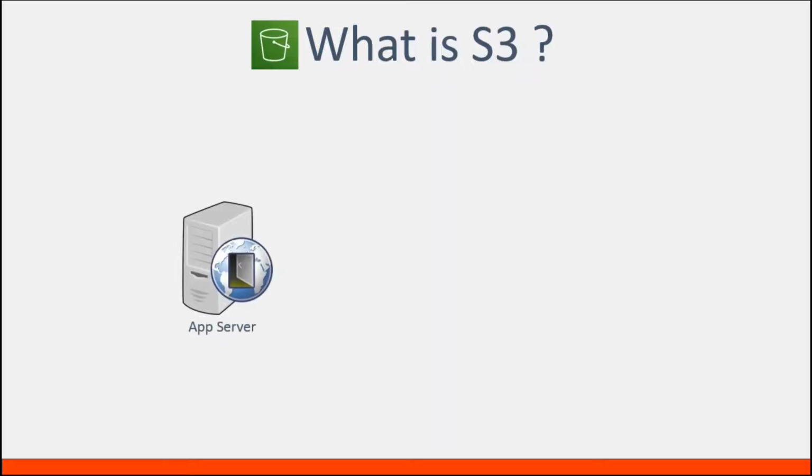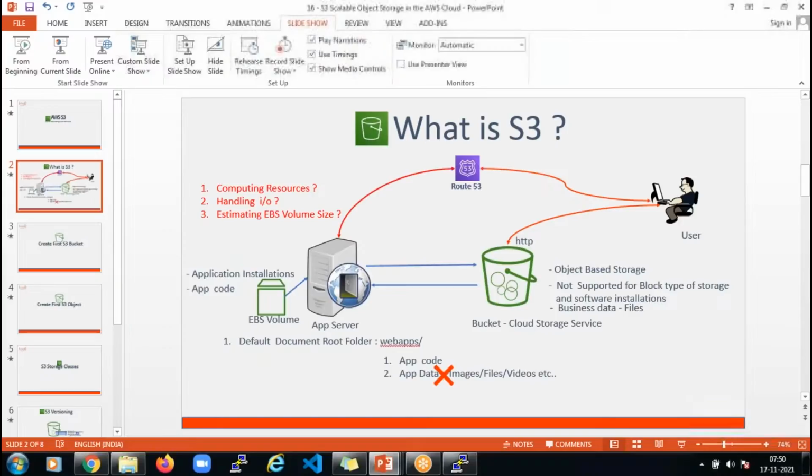So if I have an application server, I mean the web server, the web server has an EBS volume to store the data, right? So let me modify this as per our requirement, guys. Maybe /var/www/html is the location, correct?